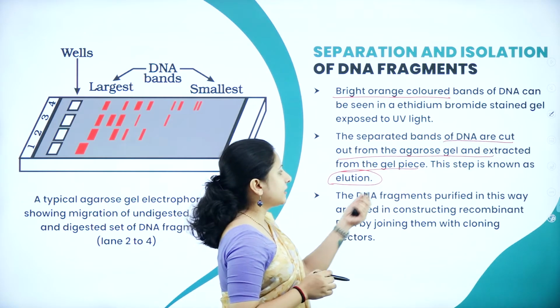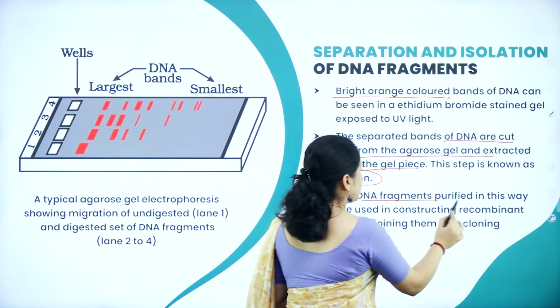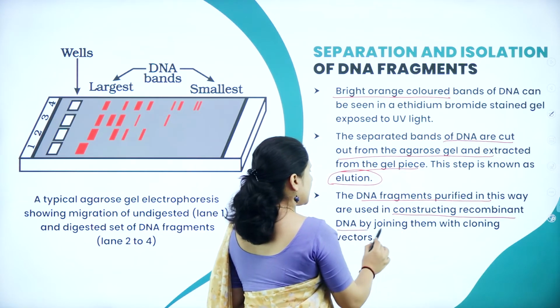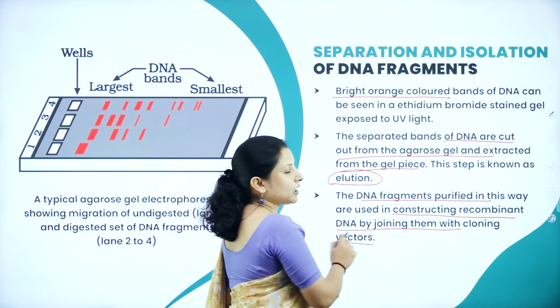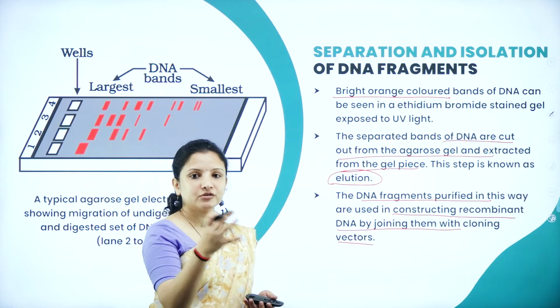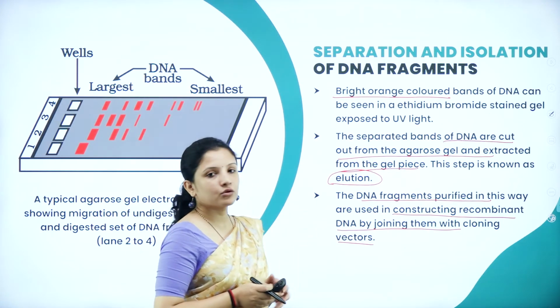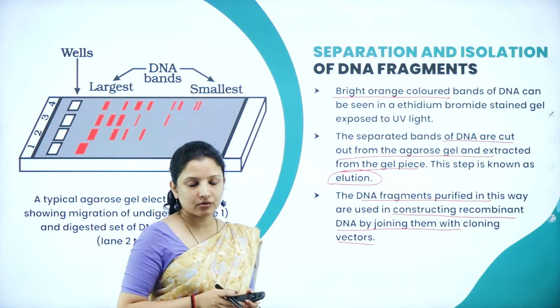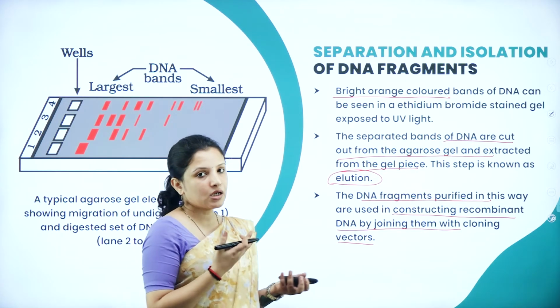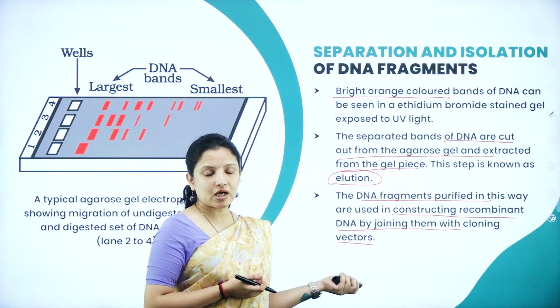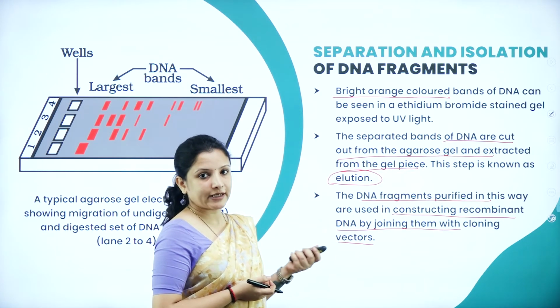Elution will be done and the DNA fragments will be purified and used for constructing the recombinant DNA by joining them with the cloning vectors, and they will be introduced into the cloning vectors. So that is how the recombinant DNA procedures are done, wherein the separation of the DNA strands has to be done by using agarose gel electrophoresis.